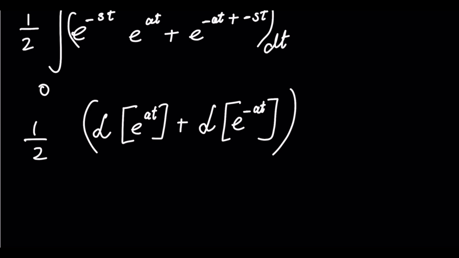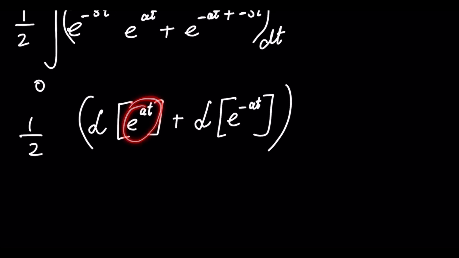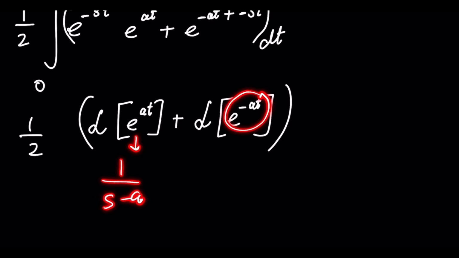From our earlier examples, we know that the Laplace transform of e power at is going to be 1 divided by s minus a. And similarly, for e power minus at it is going to be 1 divided by s plus a.